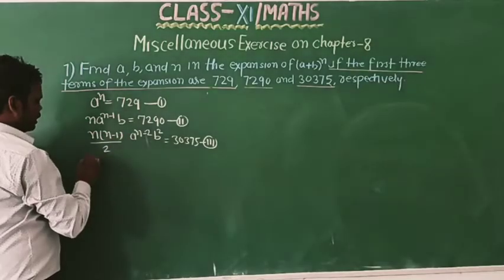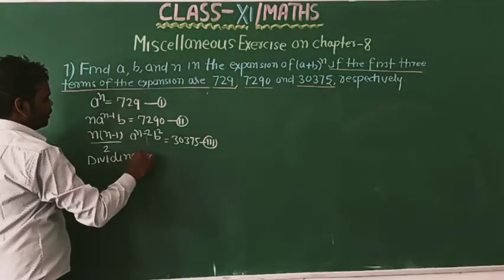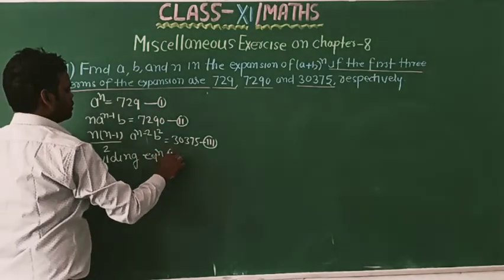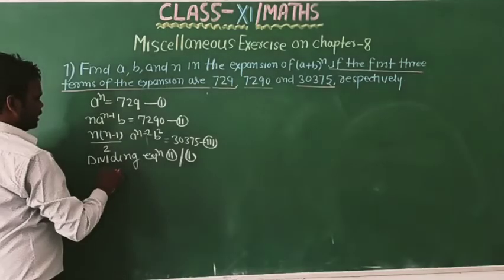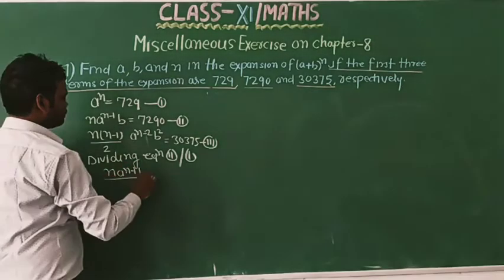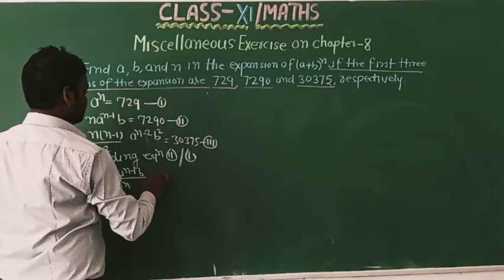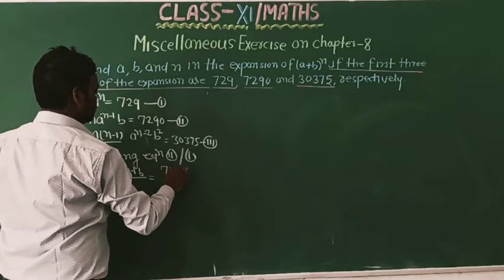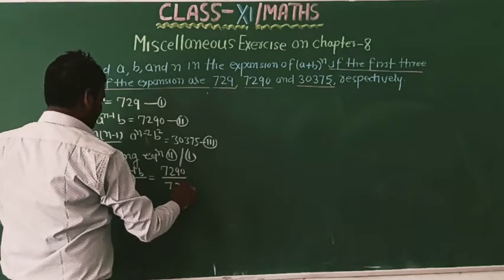So dividing equation 2 by 1, this is n a to the power n minus 1 b upon a to the power n equal to 7290 upon 729.